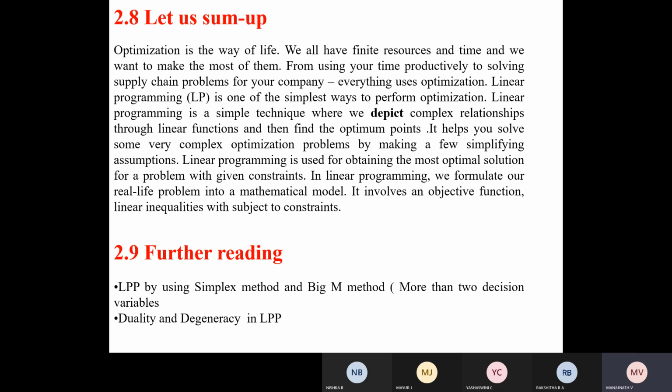I am not getting an answer from Yashaswini. I don't know whether she is there or not. Have everyone gone away with mobile phones? Okay, wait, I'll note down your attendance.